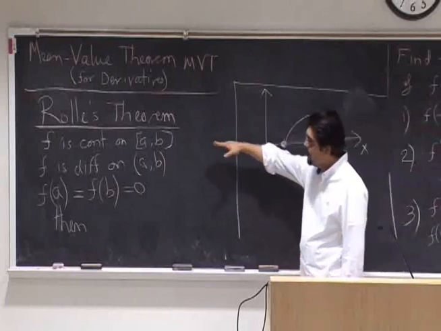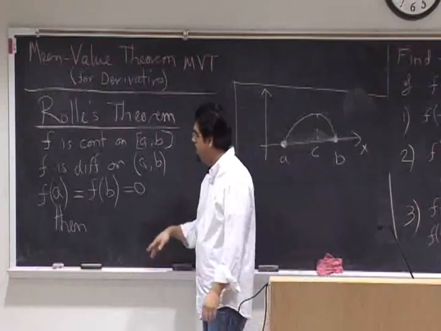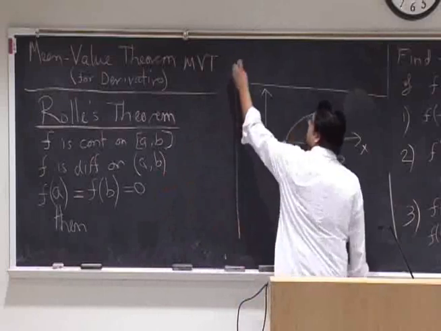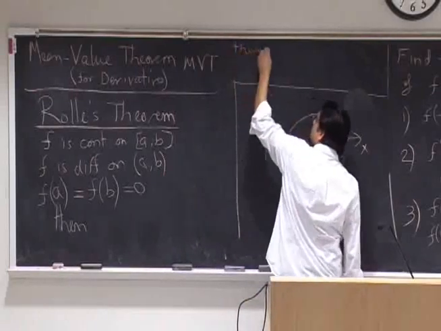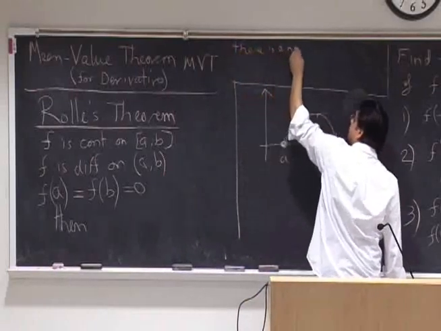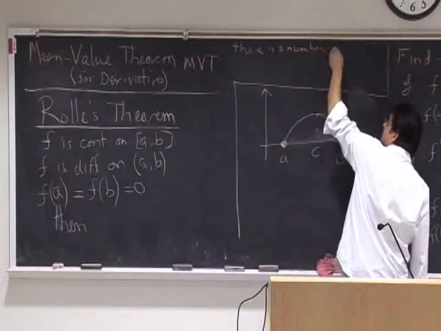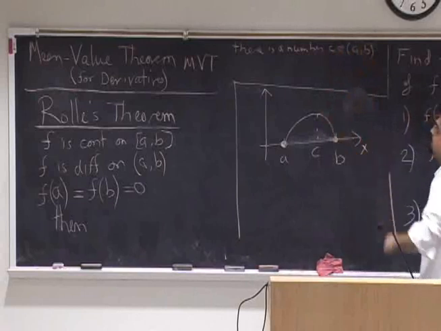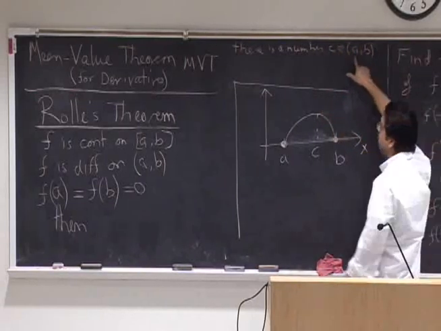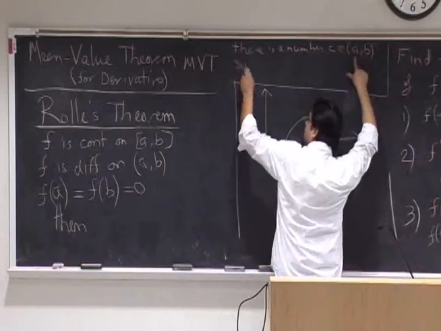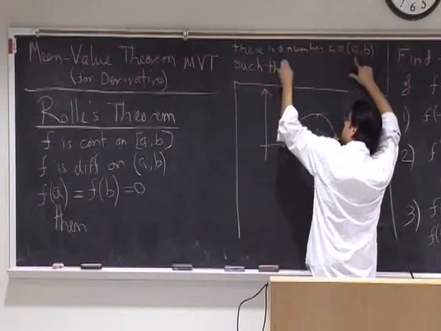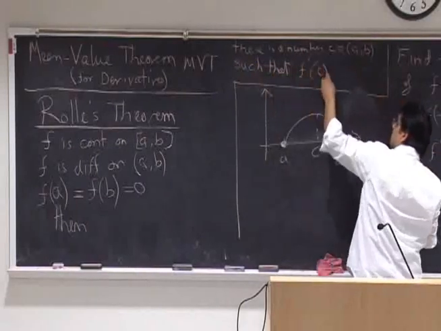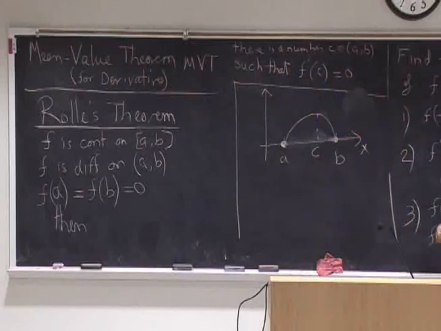So the conclusion from these three criteria is that there is a number c that lives within (a, b) such that the derivative is 0. Okay?